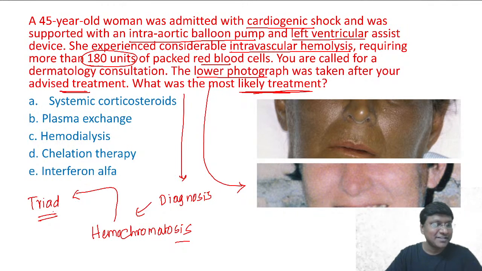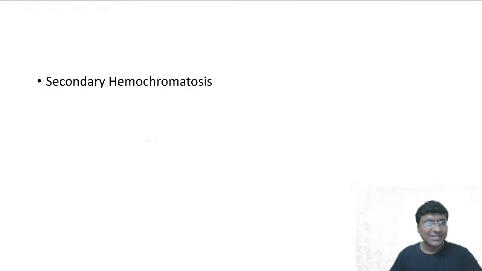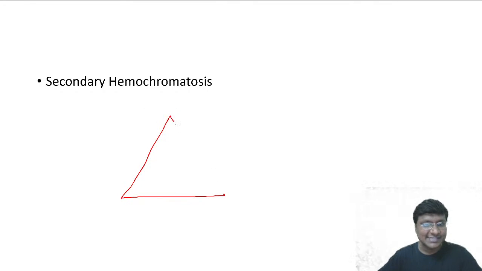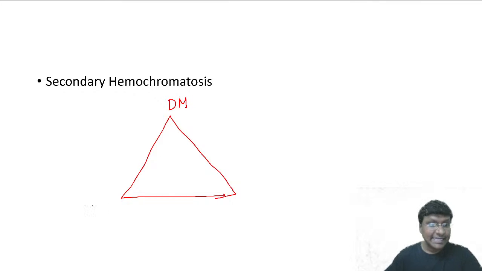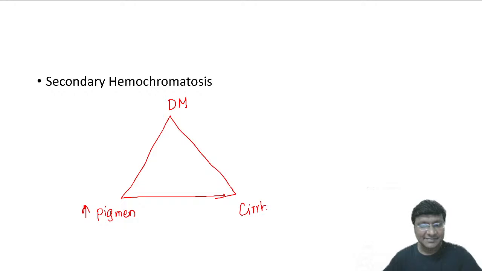Who will be telling me first what is the triad in hemochromatosis? Right, so in hemochromatosis, the triad is diabetes mellitus, hyperpigmentation, and then cirrhosis of liver. Not arthritis. Yes, Rajesh Sarkar, it is not arthritis, it is cirrhosis.